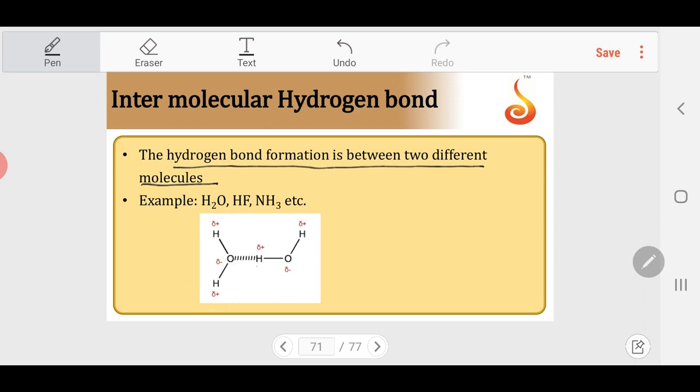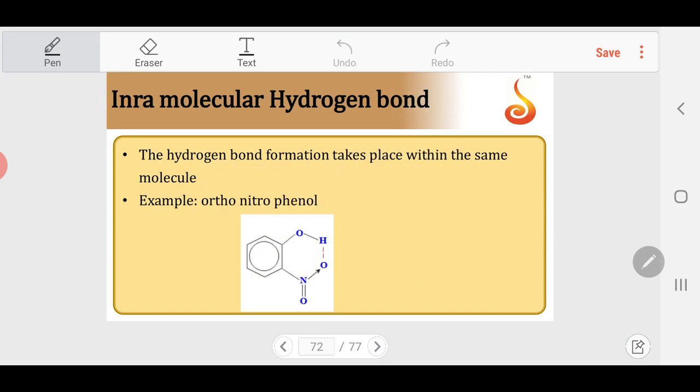Here hydrogen is bonded to this oxygen by a covalent bond, and the dotted line we can see is the hydrogen bond. So the two water molecules are joining together through hydrogen bond. Because of this association of molecules, the consequence is that the boiling point will be elevated.